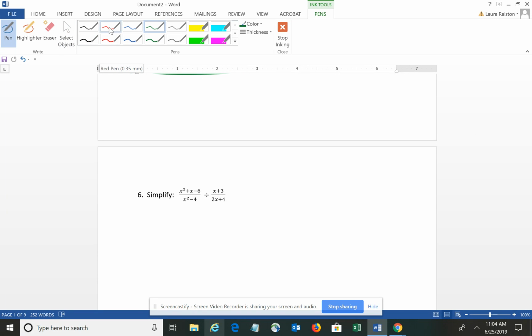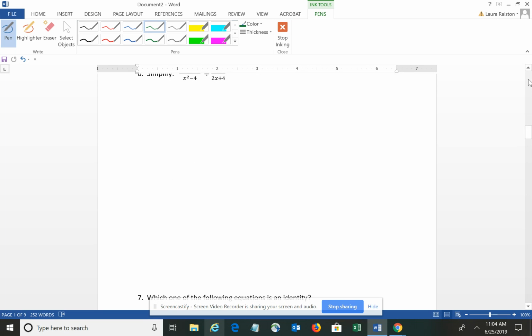All right, with number 6, it says to simplify, and it's a division problem that involves rational numbers. So you have to, first of all, remember how to deal with division. Basically, the division problem is rewritten.